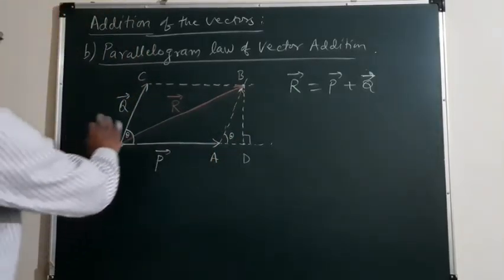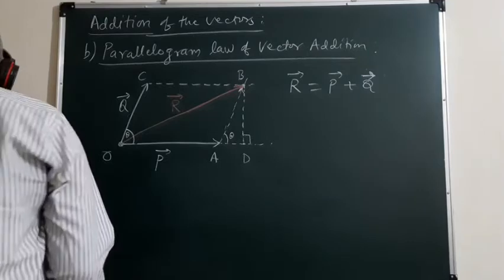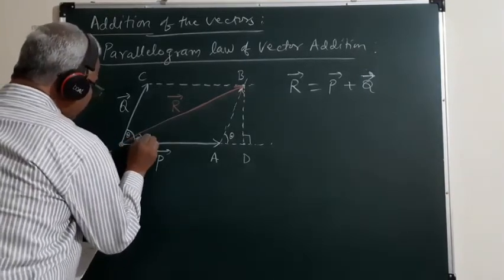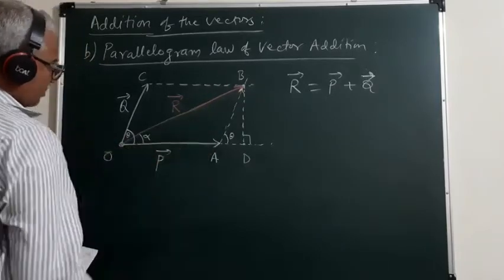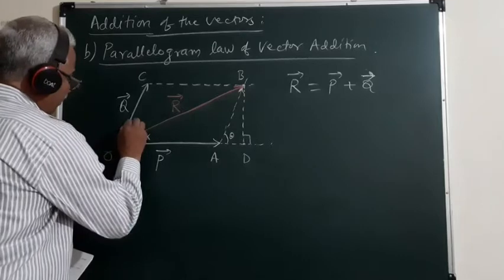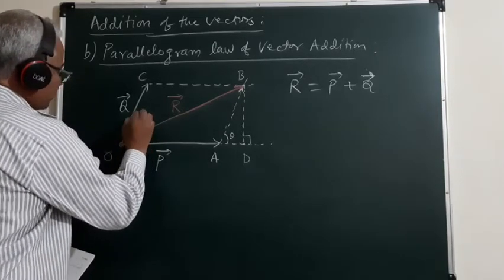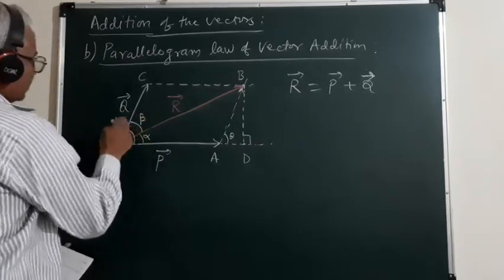So theta is the angle between P bar and Q bar. Let alpha be the angle subtended by the vector R bar with the vector P bar, and beta be the angle subtended by R bar with the vector Q bar.